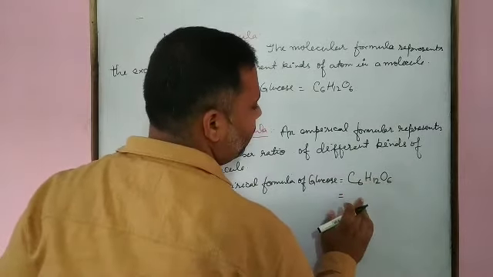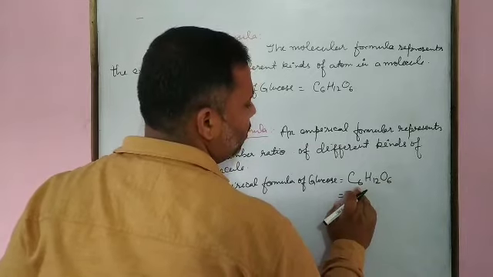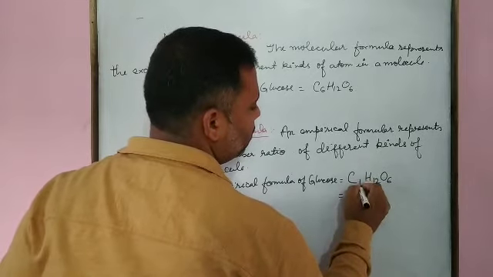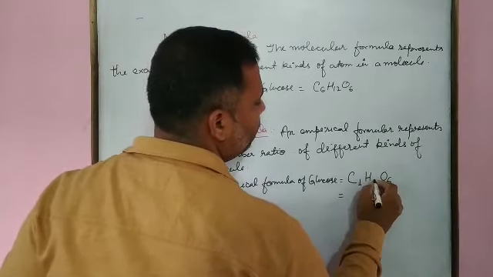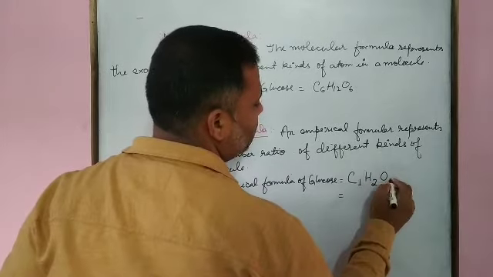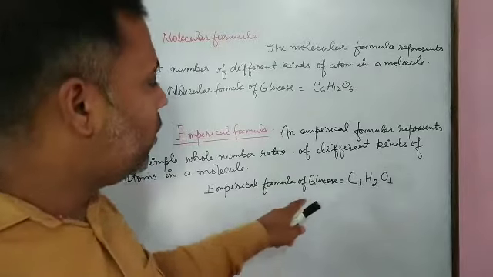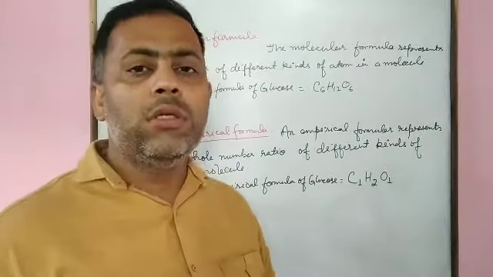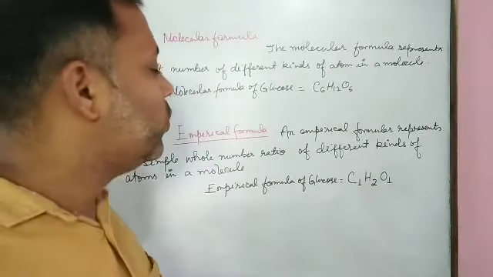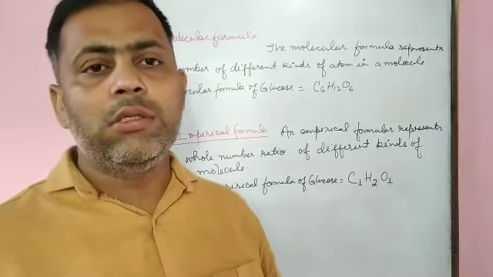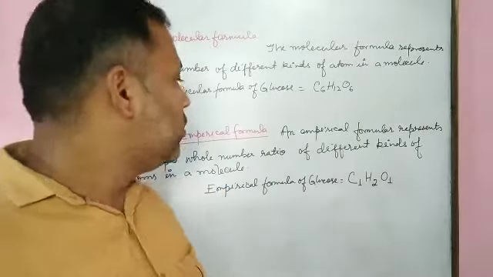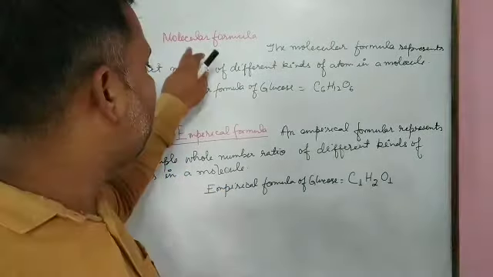If we simplify it, what do we have? 6 divided by 6 is 1, 12 divided by 6 is 2, and 6 divided by 6 is 1. It means the empirical formula of glucose is C1H2O1. This is the relation of empirical and molecular formula.